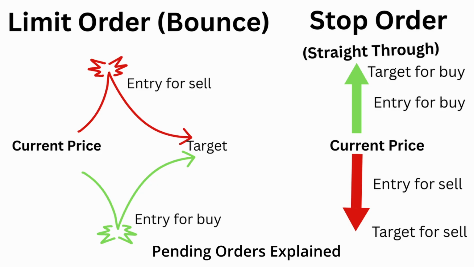Whereas with a buy or sell stop, I'm looking from where price is right now to have an entry somewhere between the current price and my target. So basically we're looking for a straight-through movement that powers on through and doesn't turn around, whereas the limit is a bounce or a turnaround at some point compared to where price is now.